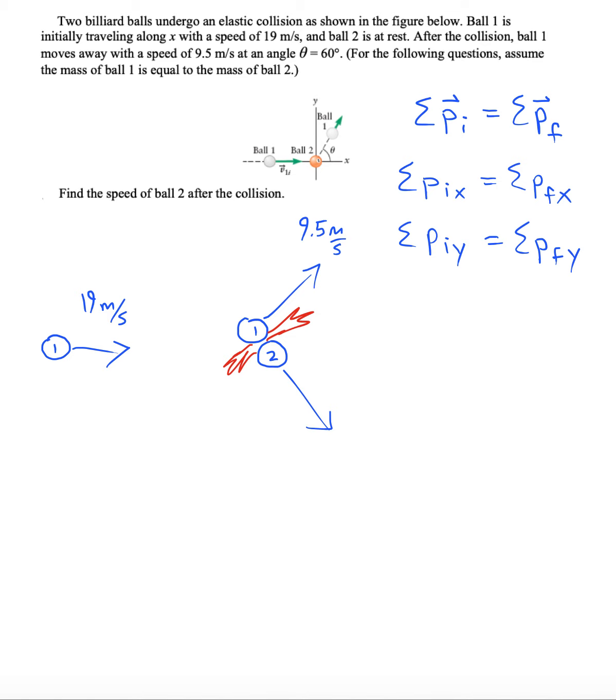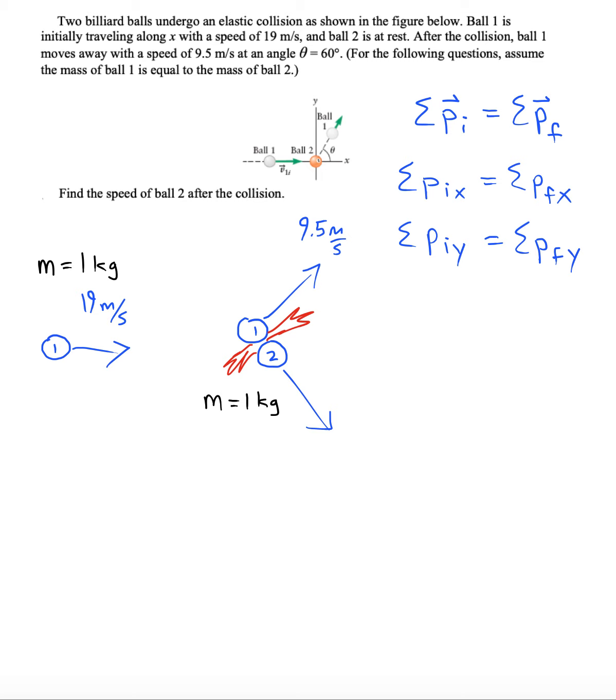They didn't tell us what the masses were, and in fact, the masses won't matter when it comes to the angles and the speeds that these objects rebound with. So I can assign just a letter m, or something easy to work with, like 1 kilogram. So let's let both balls be 1 kilogram.